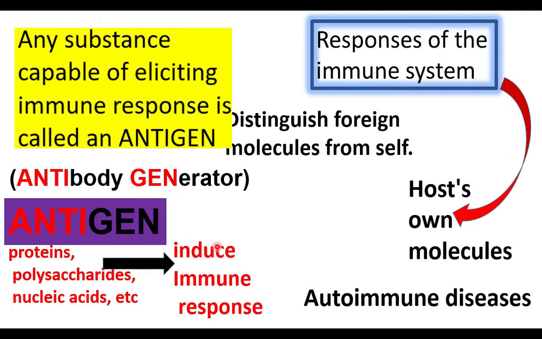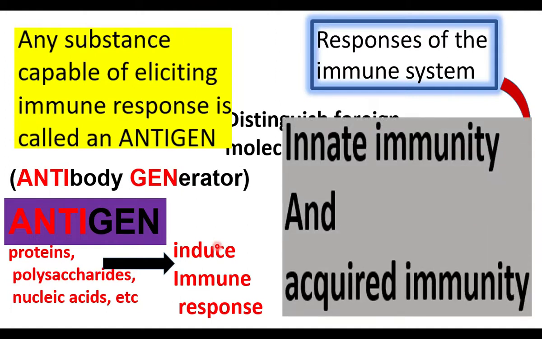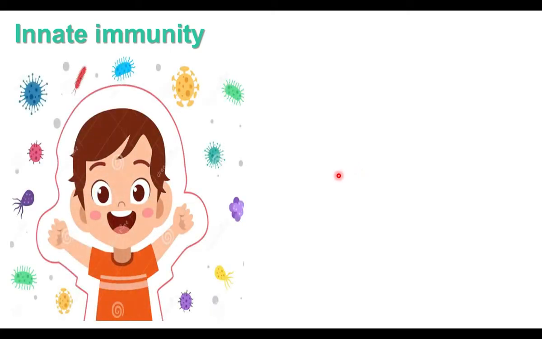There are two kinds of immune responses. There are two types of immunity. They are innate immunity and acquired immunity. In this video, our focus is only on innate immunity. Innate immunity is available right from birth. A newborn individual has resistance against a variety of disease-causing organisms.